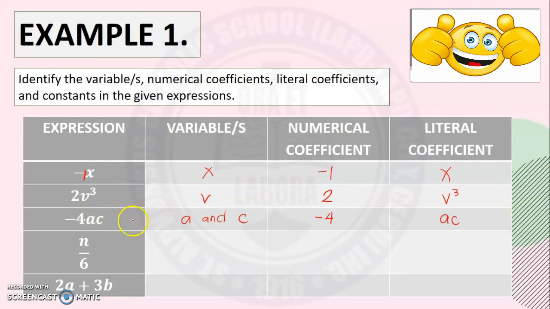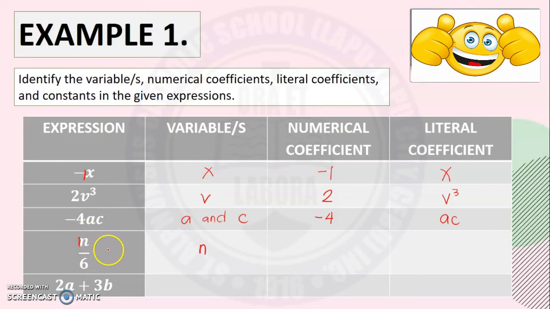Next, number 4. We have n over 6. The variable used is letter n. To find the numerical coefficient, again, this is the numerical factor of the term. As you can see, we have n over 6. And again, we all know that there is 1 beside n.